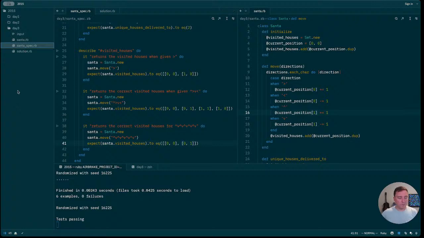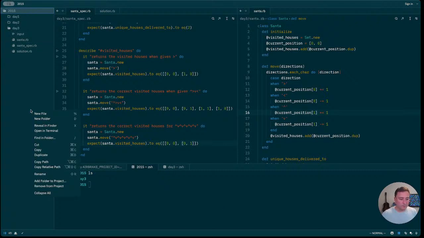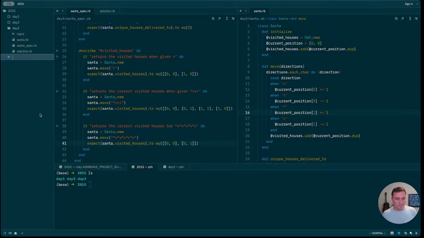So then what we want to do is create a new class, and we can create a new terminal here, and let's do delivery_team.rb.